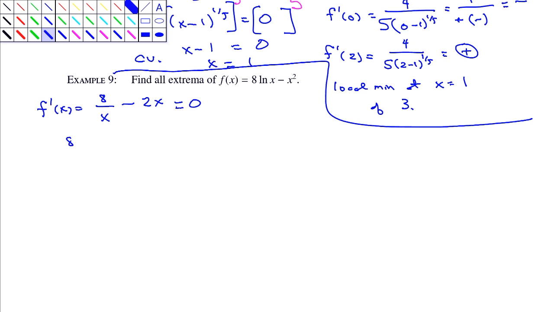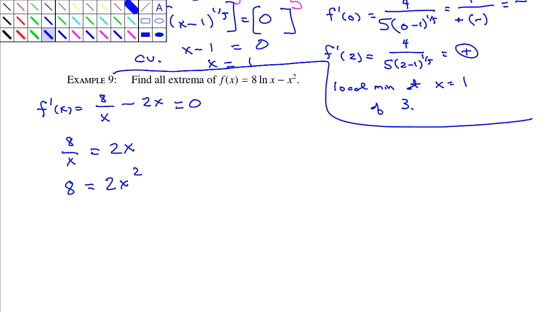To solve this, I'm going to move the 2x to the other side. So we get 8 over x is equal to 2x. Cross multiply. You get 8 is equal to 2x squared.